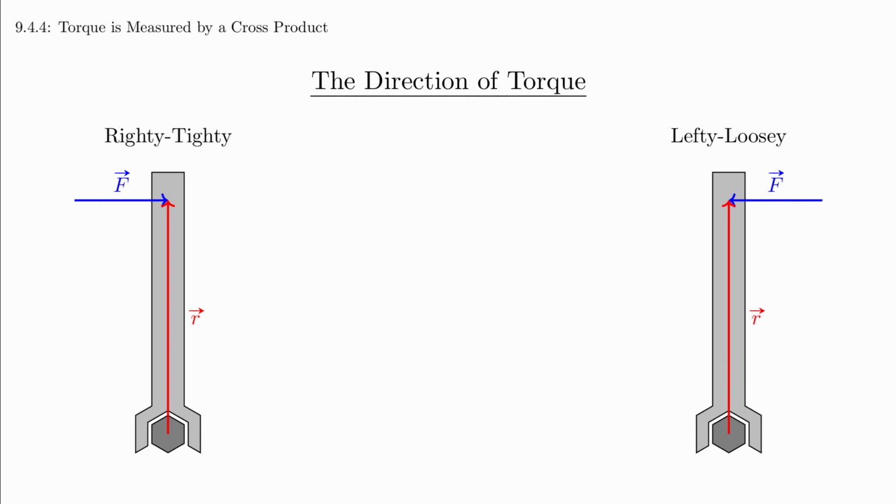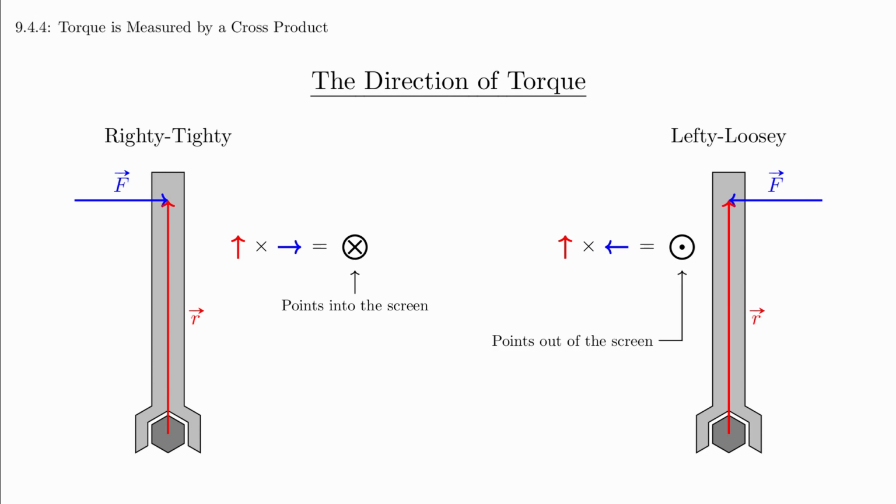An interesting conceptual piece of this is that the direction of torque corresponds to tightening or loosening screws. Most of the screws you interact with are right-handed screws. If you're familiar with righty-tighty and lefty-loosey, that's a right-handed rule. If you're tightening a screw, the torque points inward, and if you're loosening the screw, the torque points outward. You will sometimes see these symbols for vectors pointing directly in or directly out of the page. You should think of the cross as the fletching of an arrow, which are the feathers or plastic parts on the tail end.